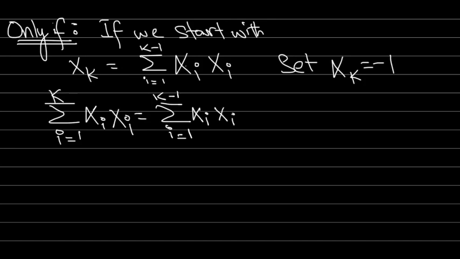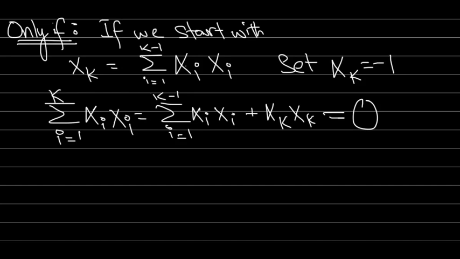So we have this k minus 1 term, and what would be the next term? That would simply be alpha k xk, and this whole thing would be equal to 0, right?